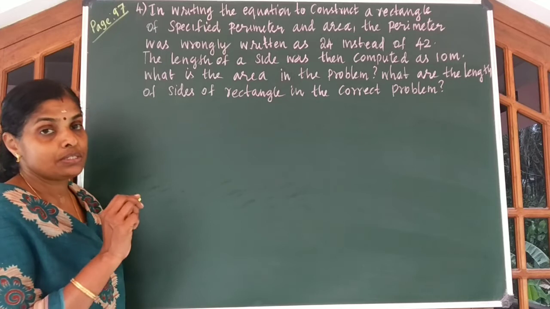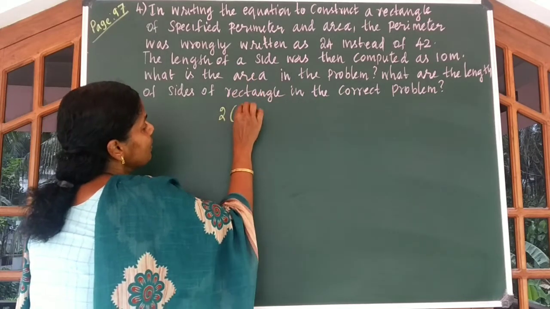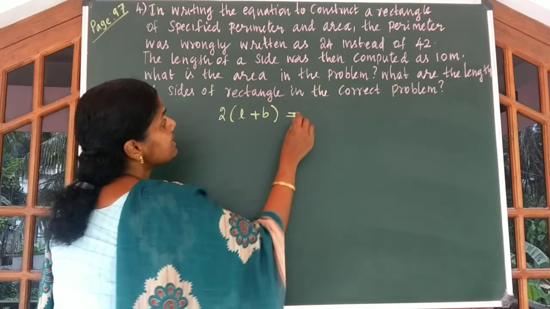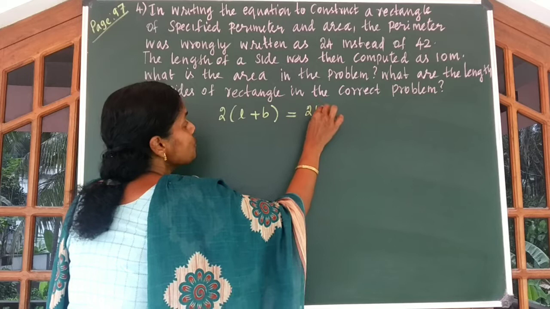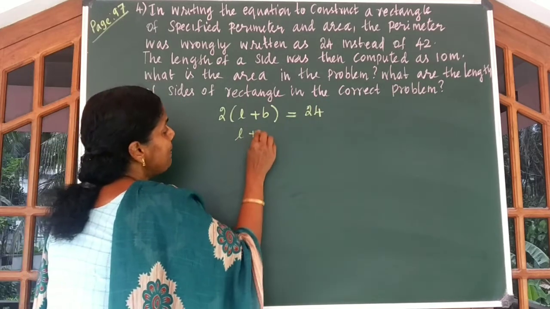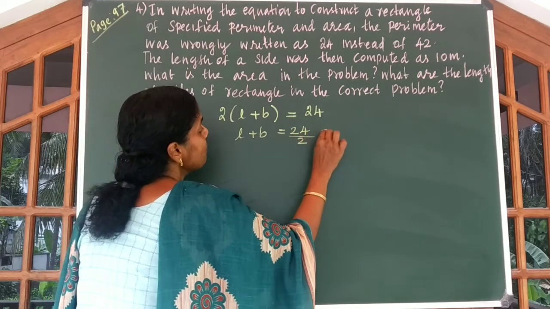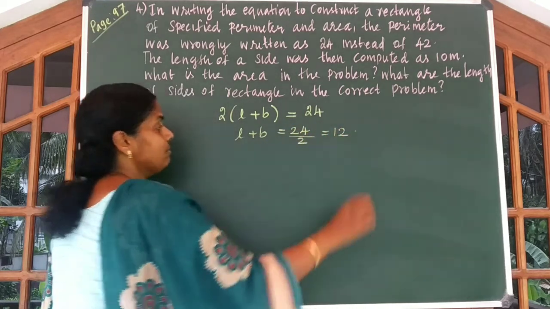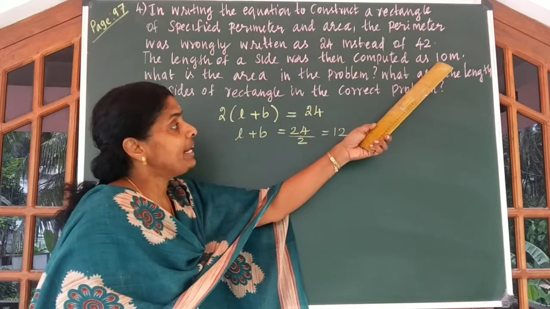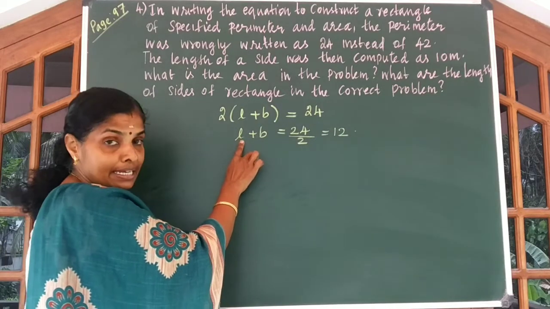So let us use this 24 first of all to write the perimeter. 2 into L plus B is given to be equal to 24. From this we can write L plus B is equal to 24 by 2, which is equal to 12. Now we are given the length is computed as 10 meter. Let us substitute length as 10 in this problem.